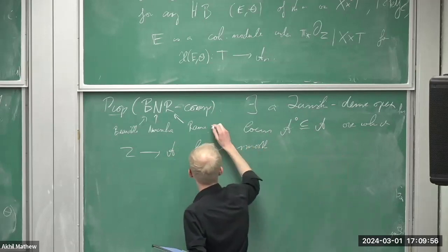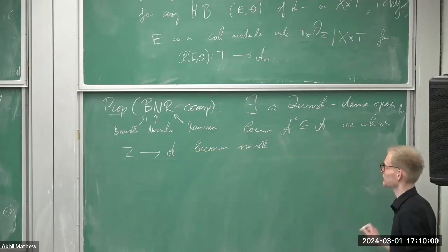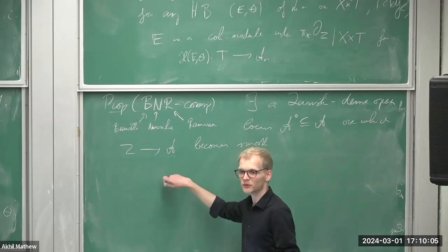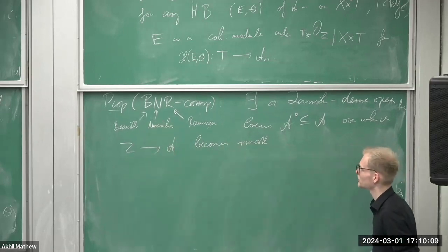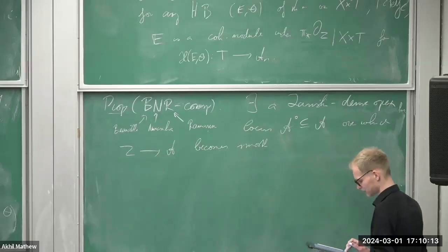So this can have very bad singularities. In fact, if you look at the fiber over zero, it just becomes some highly non-reduced thing. But generically, under these terminologies, it becomes smooth.